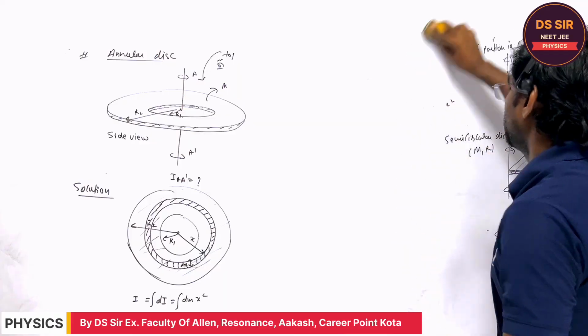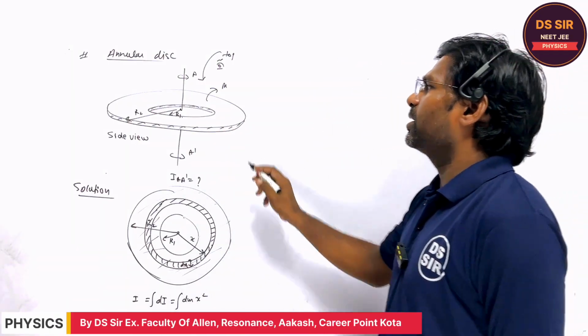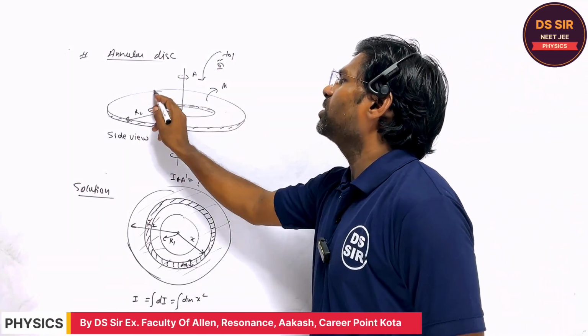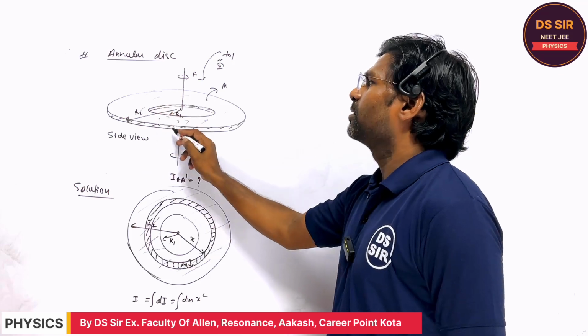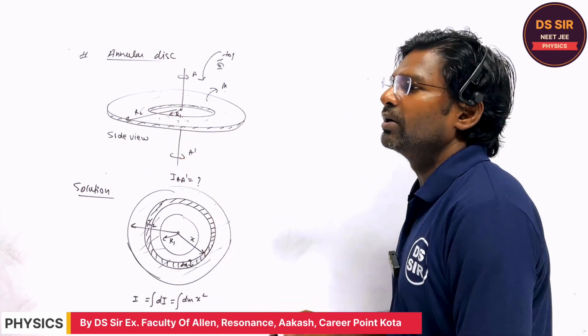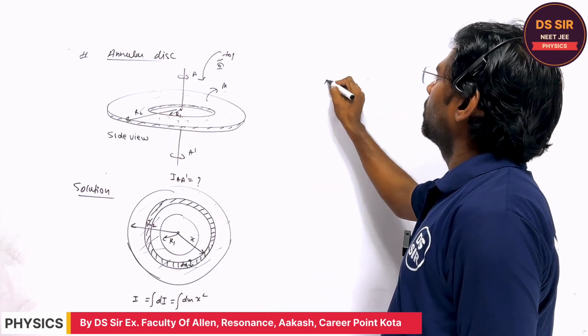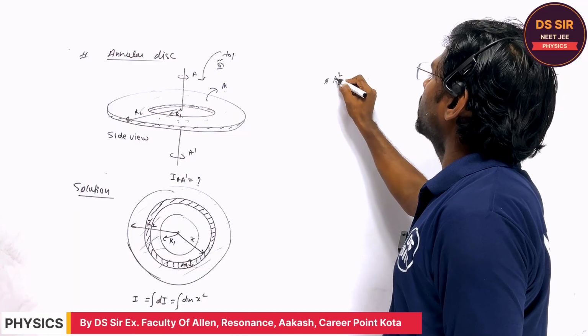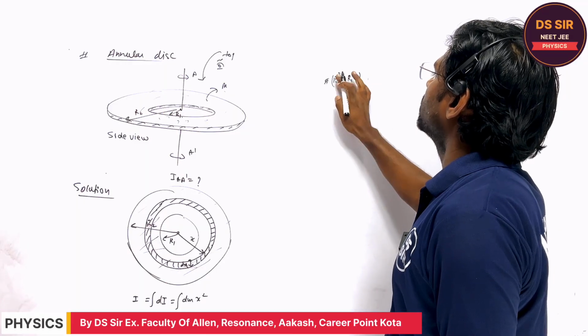How to apply the unitary method? Can you tell me what is the area over which the mass is distributed? Pi into r2 square minus r1 square. In this area, the mass is m. So in 1 meter square, the mass is m upon pi into r2 square minus r1 square.